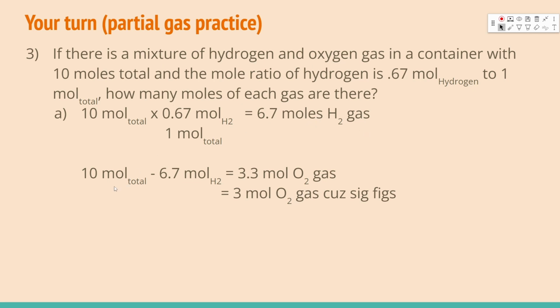And so since I know my mole total, I can subtract my hydrogen in order to get oxygen. Now, I did do sig figs just based off what's given in the problem. I got 10 moles total. There is no decimal, so it is only one sig fig, so I rounded that to be 3 moles of O2.